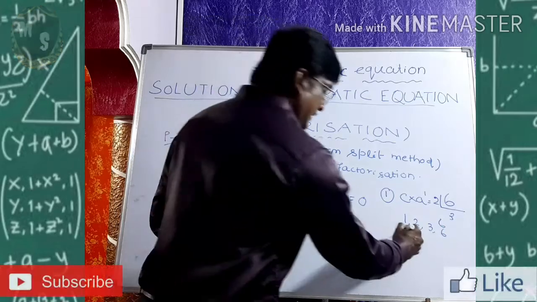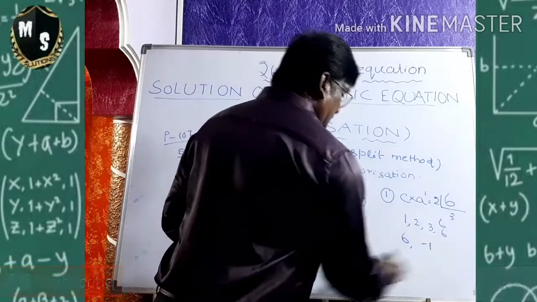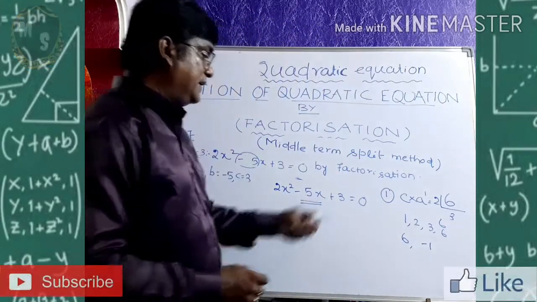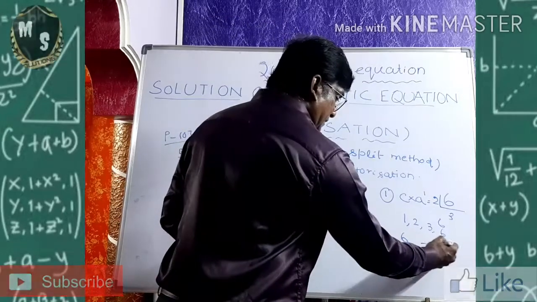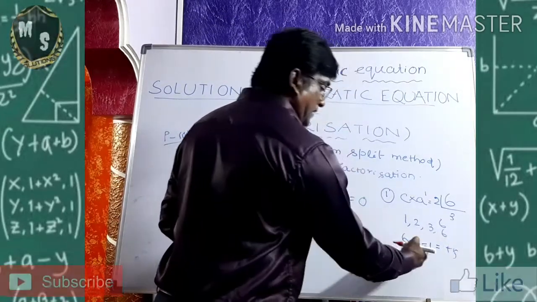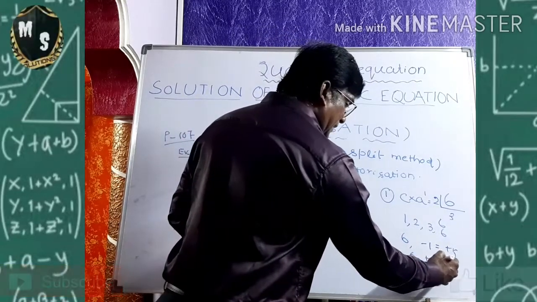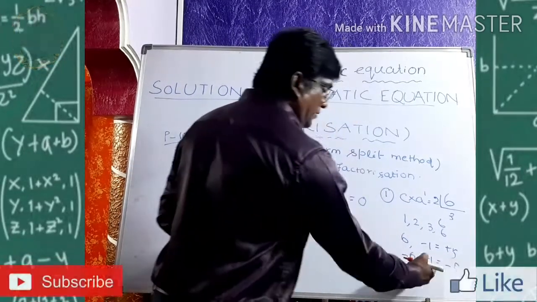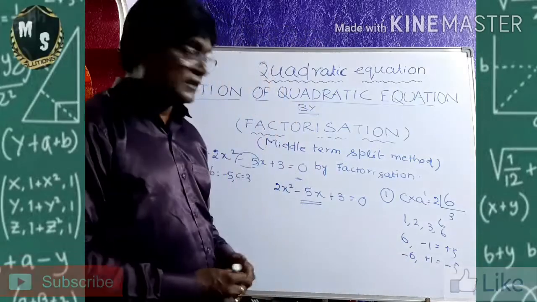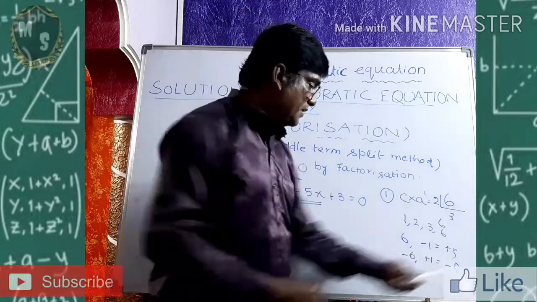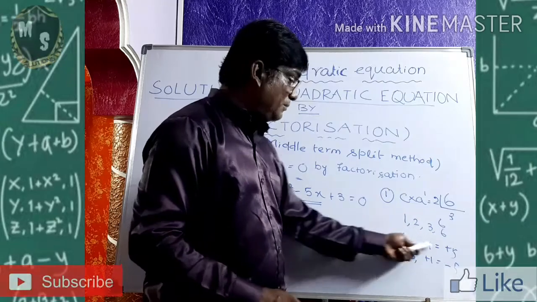We can take 6 and minus 1, but 6 minus 1 is giving you plus 5. So if you take minus 6 plus 1, then it is minus 5. When you add these two, you get minus 5. Not in the other; in that one you are getting plus 5.